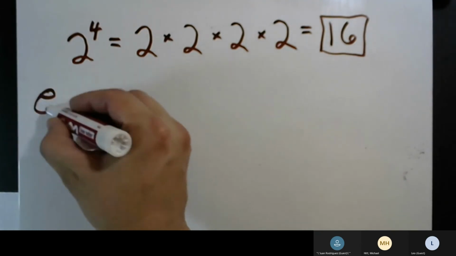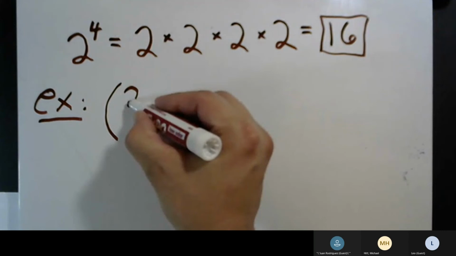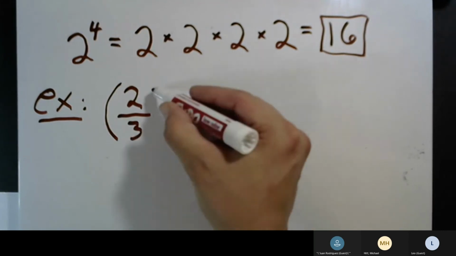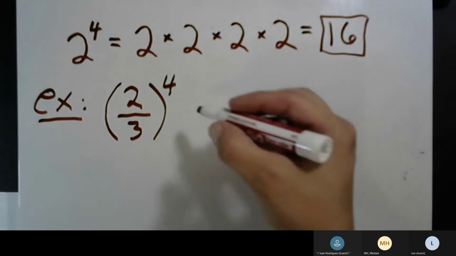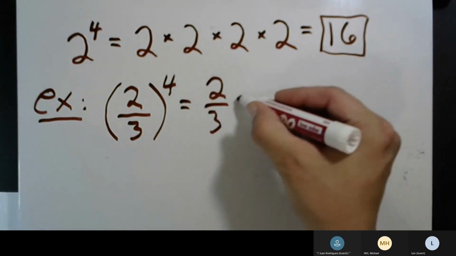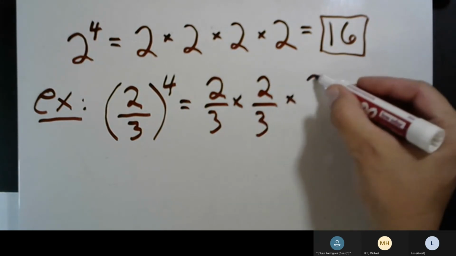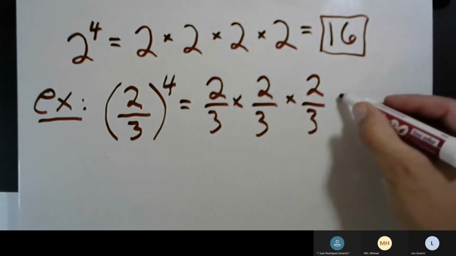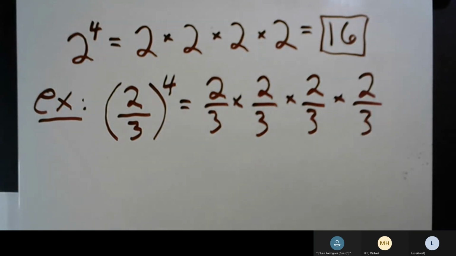So for example, if you have 2/3 with an exponent or a power of 4, you're going to take 4 of these 2/3 and multiply those together.